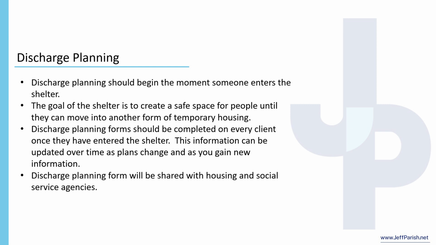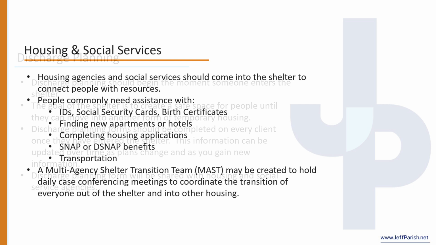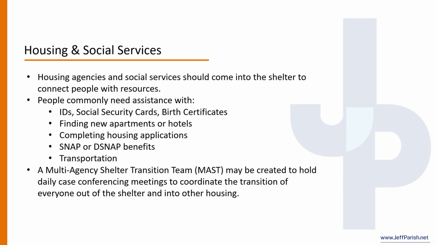This information should be shared with housing and social service agencies. Housing and social service agencies are an important part of the shelter to help connect people with resources and aid in their recovery. Often, people need assistance securing IDs, social security cards, birth certificates, finding new apartments or hotels, completing housing applications, completing SNAP or DSNAP benefit applications, and transportation.